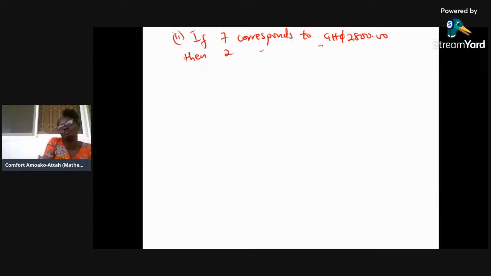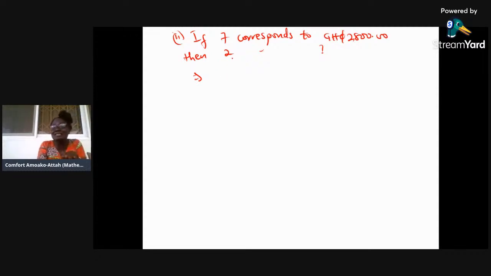We can also use the first one. So if 7 corresponds to 2,800 Ghana cedis, then what will 2 correspond to? That is what we are to find. Please don't do this, write it in full.